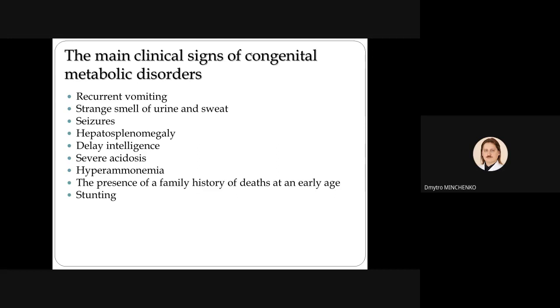Delay in neuropsychological development. Severe acidosis; if we have metabolic disorders, this can lead to metabolic acidosis. Hyperammonemia, the presence of a family history of death at early age. And stunting, the child is not growing.